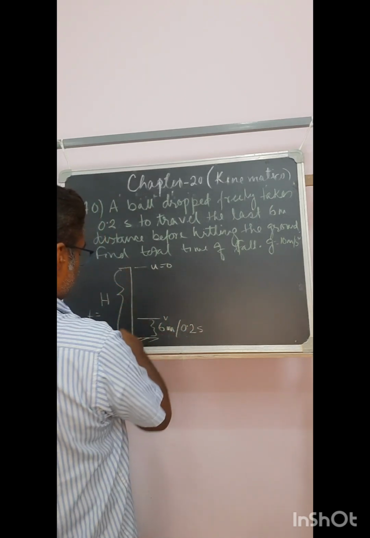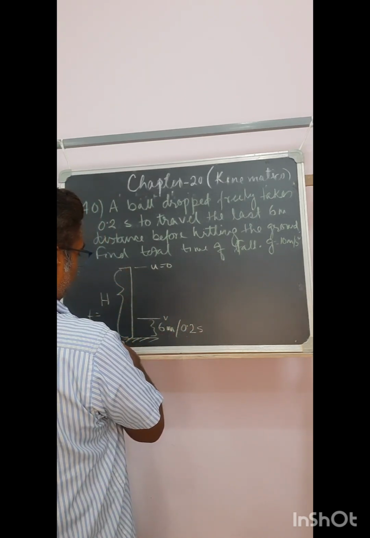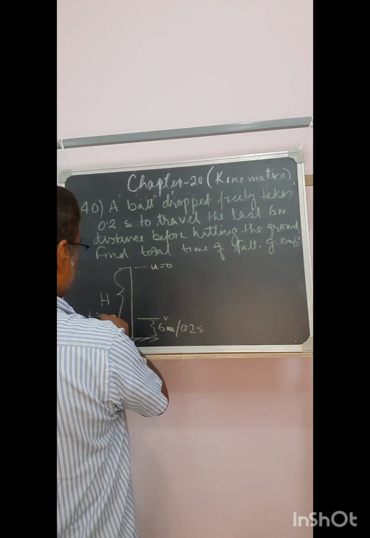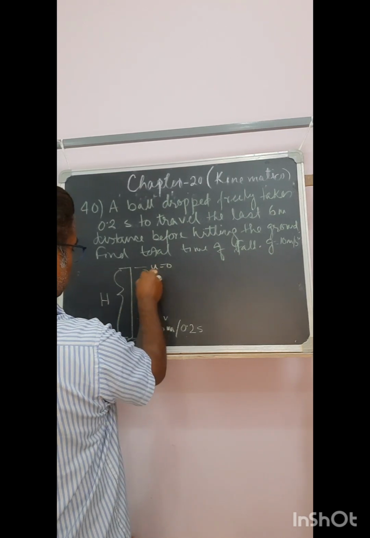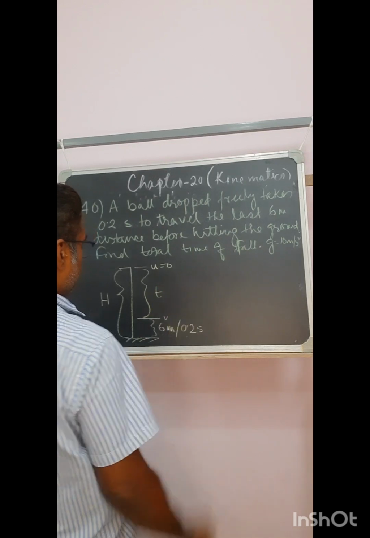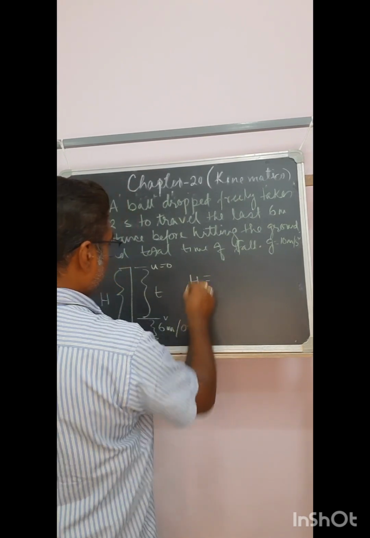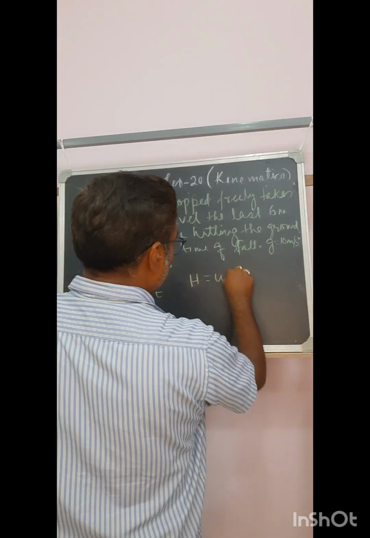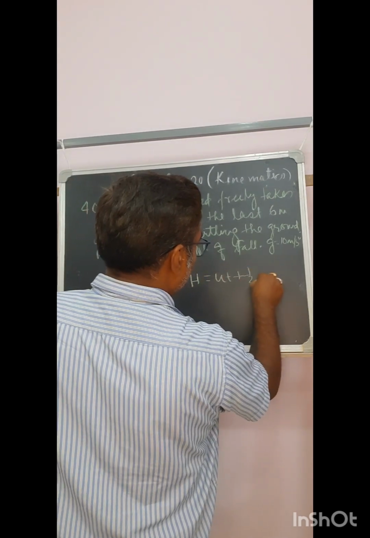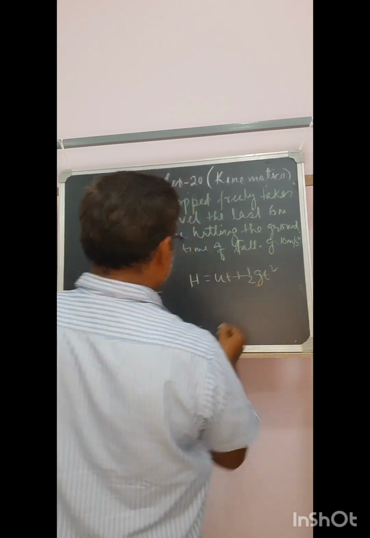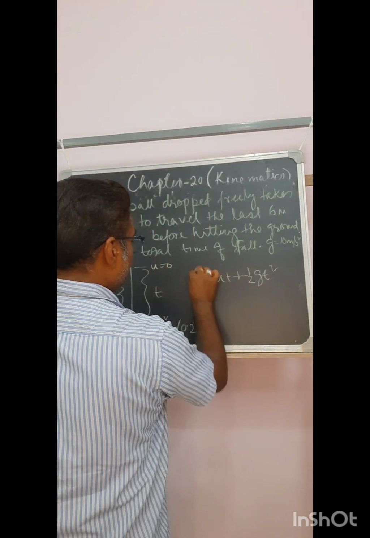For the first equation, if I take the total height, and I assume the time for the first part as t, then the total height will be covered by ut plus half g t square.